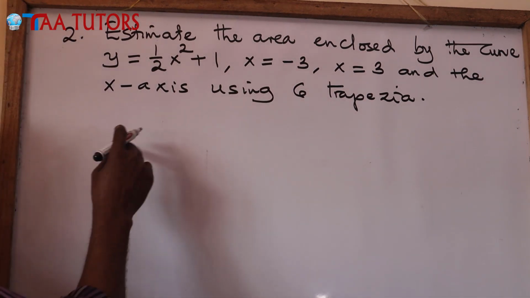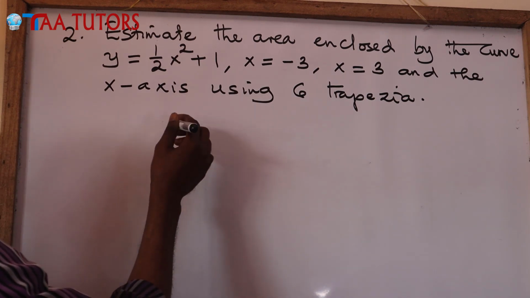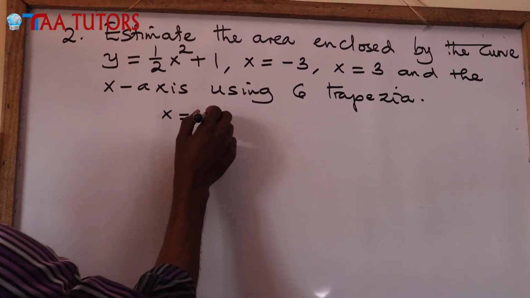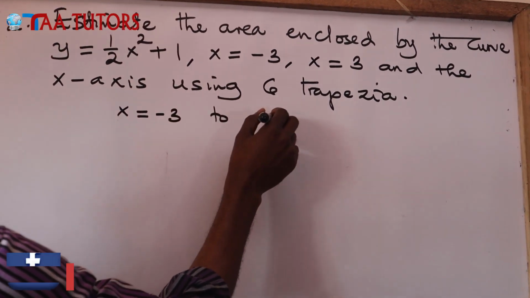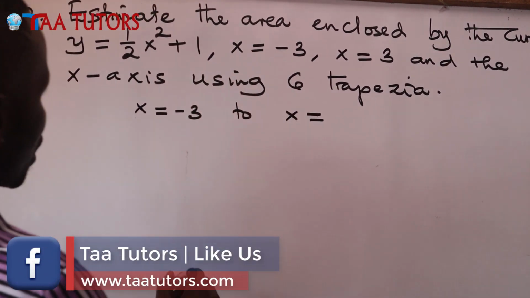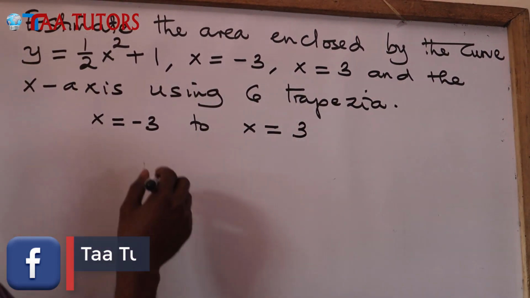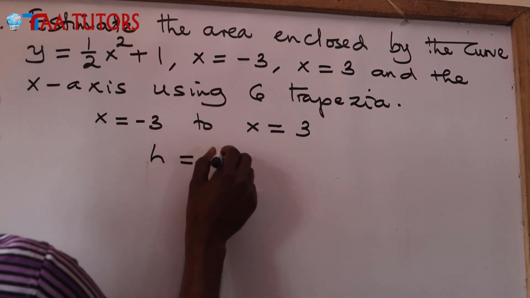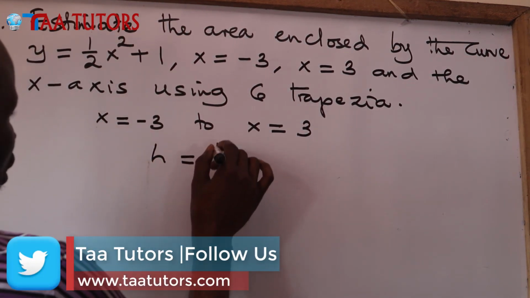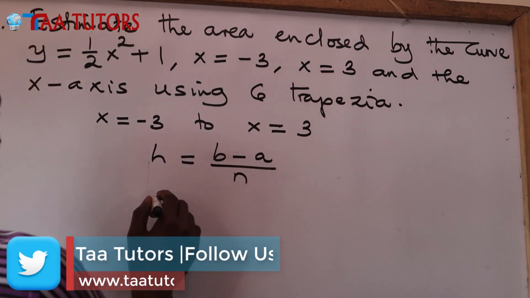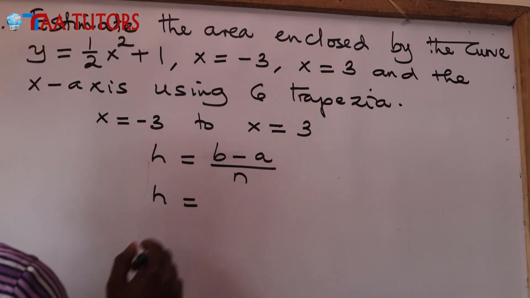We know that if you have 6 trapezia, and we are moving from x equals negative 3 to x equals 3, we can get the value of h. I said that h equals b minus a over n, where n is the number of trapezia.